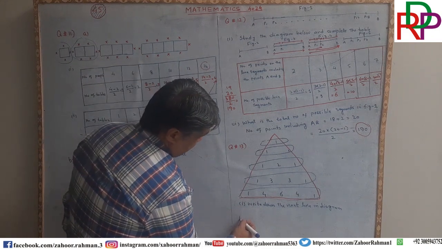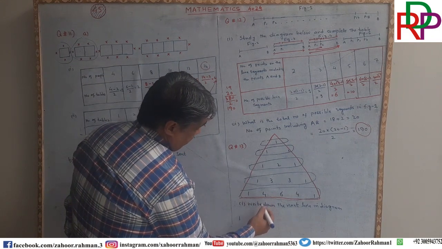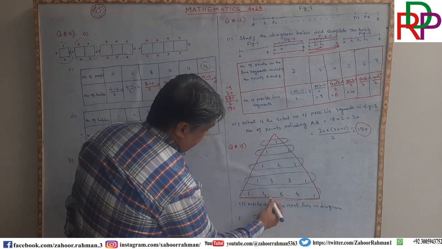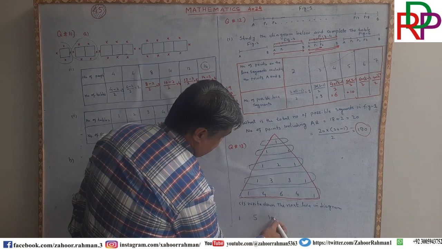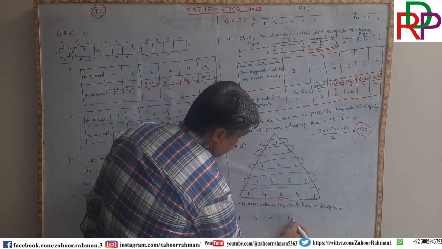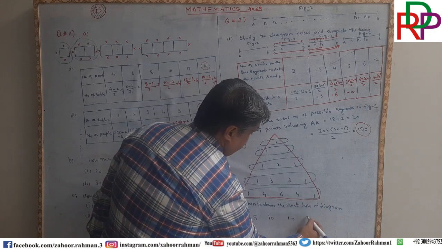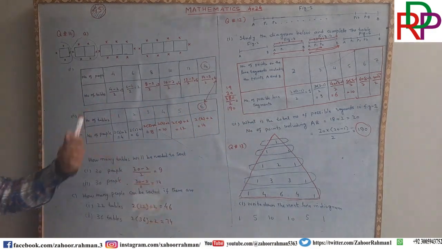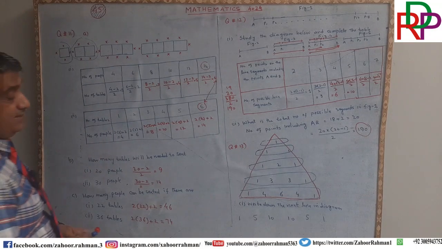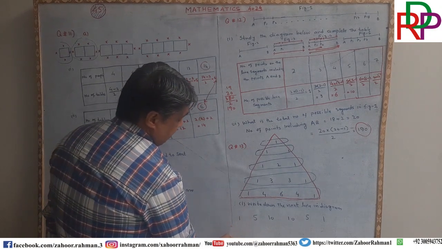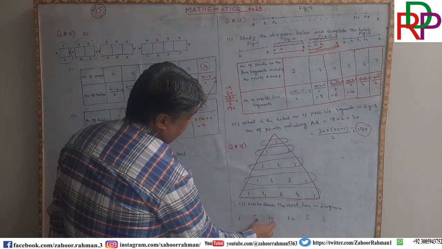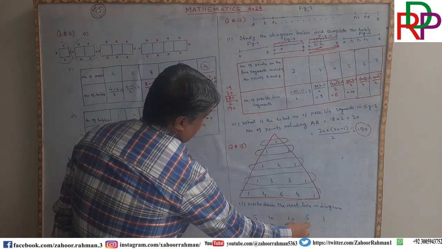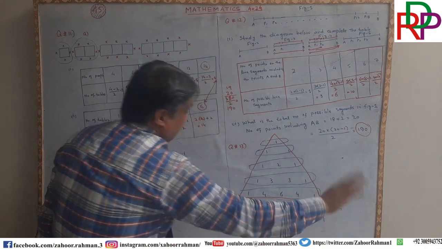So we have to write 1, and 1 and 4 is 5, 4 and 6 is 10, 6 and 4 is 10, and 4 and 1 is 5, and 1 you have to write. Similarly, you can write the next line as well: 1, 6, 15, 20, 15, 6 and 1, like this.